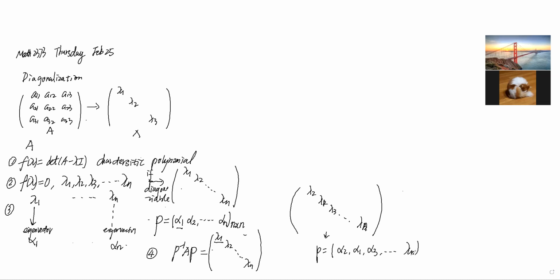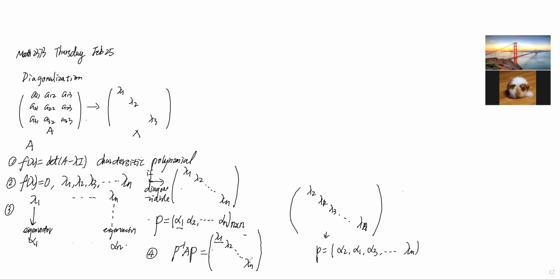Is it clear? If you change the order of the lambdas, the order of the eigenvalues decides how you put your eigenvectors.